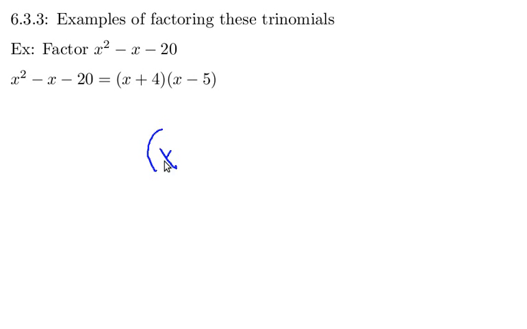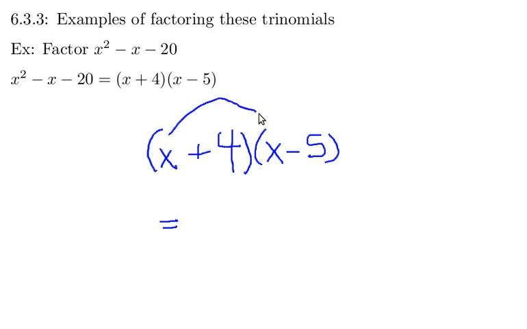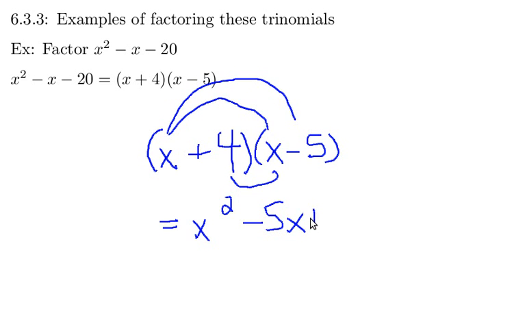So if we have x plus 4 times x minus 5, well, you have x times x, which makes x squared. x times negative 5 makes minus 5x. 4 times x gives you plus 4x. 4 and negative 5 gives you minus 20.